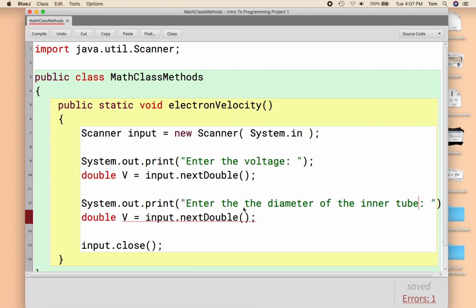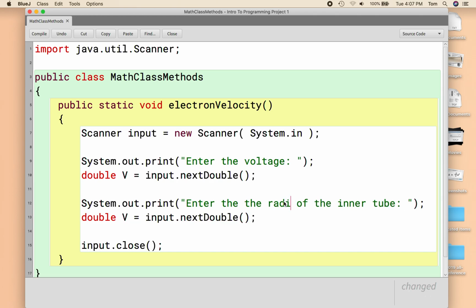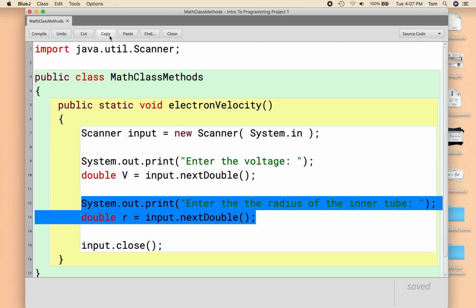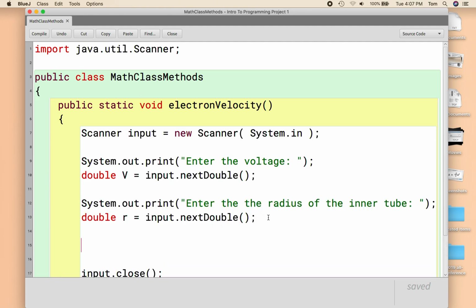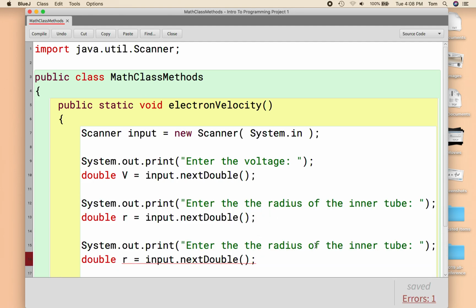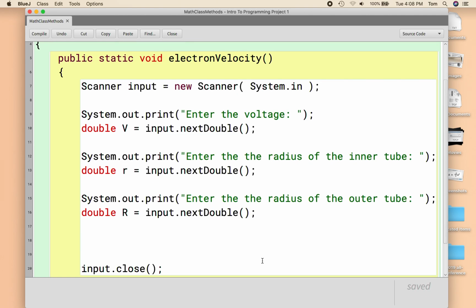Enter the radius, sorry about that. Radius of the inner tube, and we're going to call that little r. And then we're going to copy that and say that we also want the radius of the outer tube, which we're going to call big R. Okay, so now we have our 3 inputs that we need.